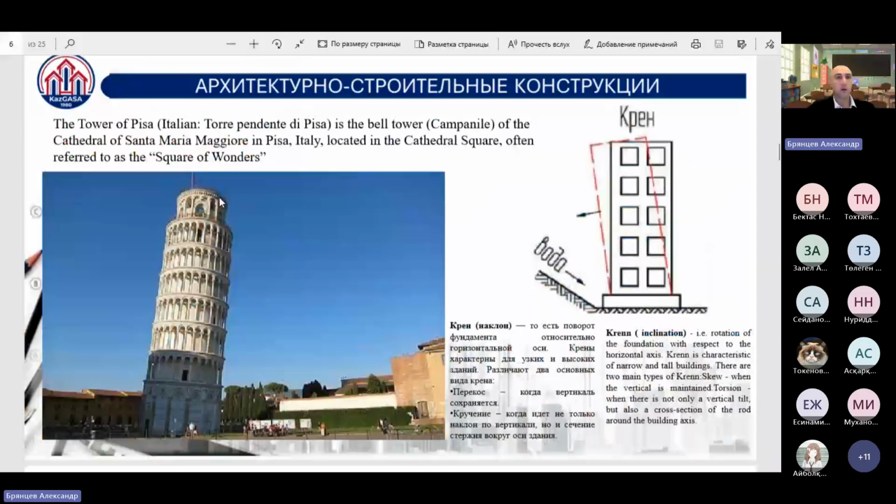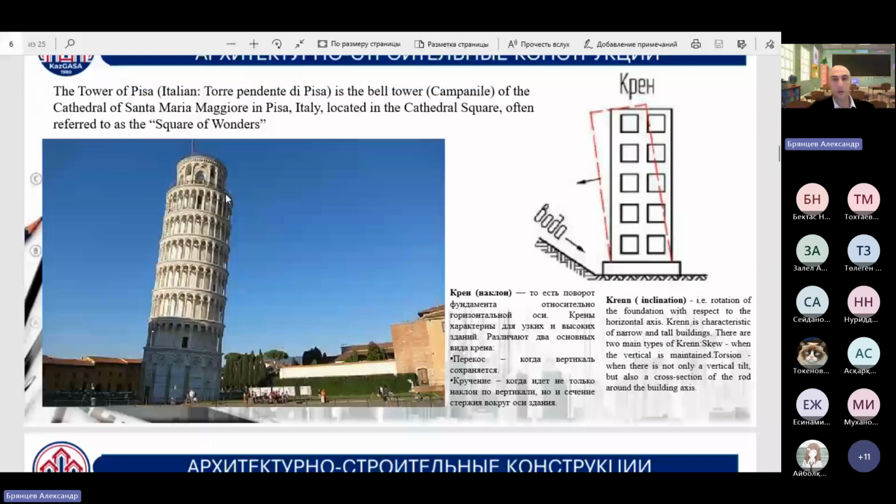Next one we call crane or tilt. This is a special deformation characterized by the rotation of the foundation and the entire structure relative to the horizontal axis.